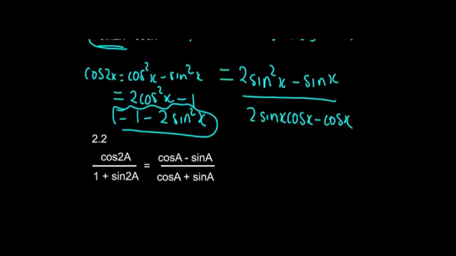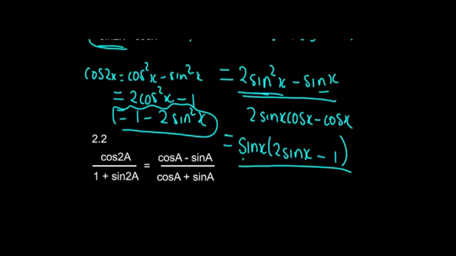Okay, now have a look. Can we go any further? Yes, we can. I can see that I've got a common factor of sine x in the numerator, so I pull that out by dividing through by the sine x, and I'll be left with 2 sine squared x divided by sine x, which is just 2 sine x, minus sine x divided by sine x, which is 1, all over, in the denominator, I can take cos x out as a common factor, and I'm liking how this looks.